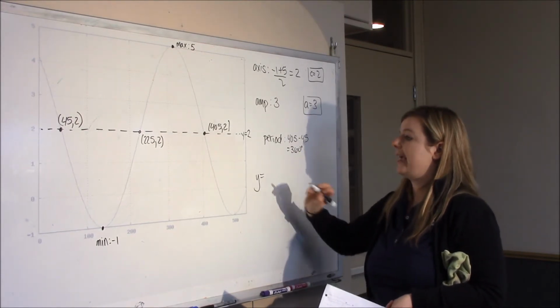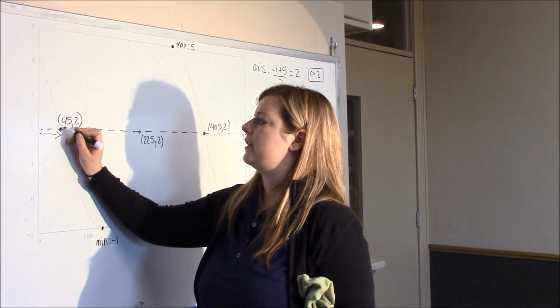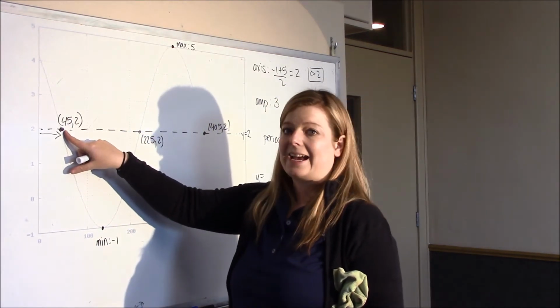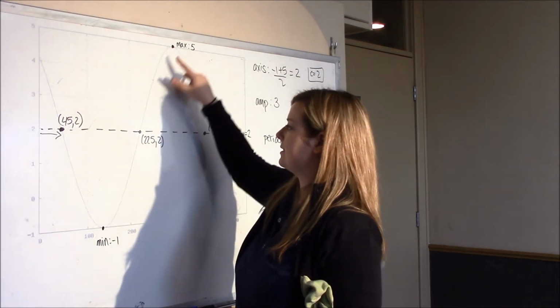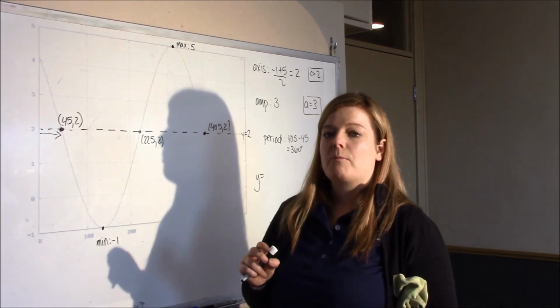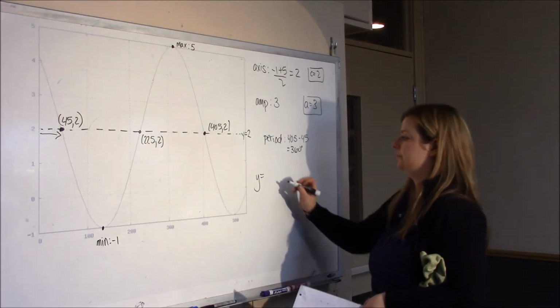y equals, now let's say we want this to be the quote-unquote start of the function, this point here. Notice that's at the axis, we go down, axis, up, and back. So starting at the axis is always sine, but when you start at the axis and go down, that's negative sine.